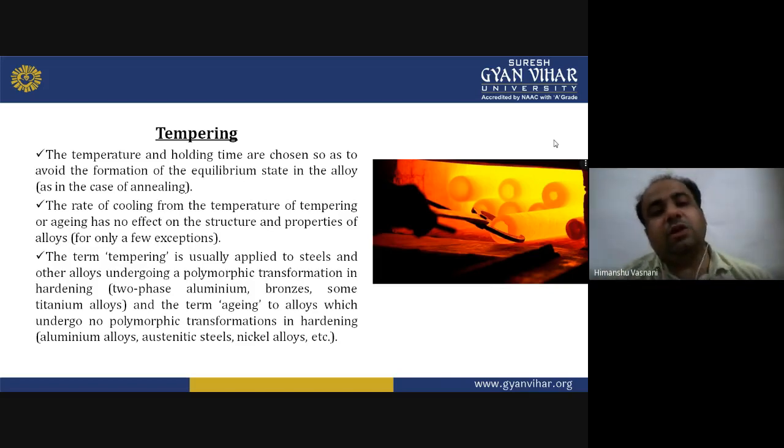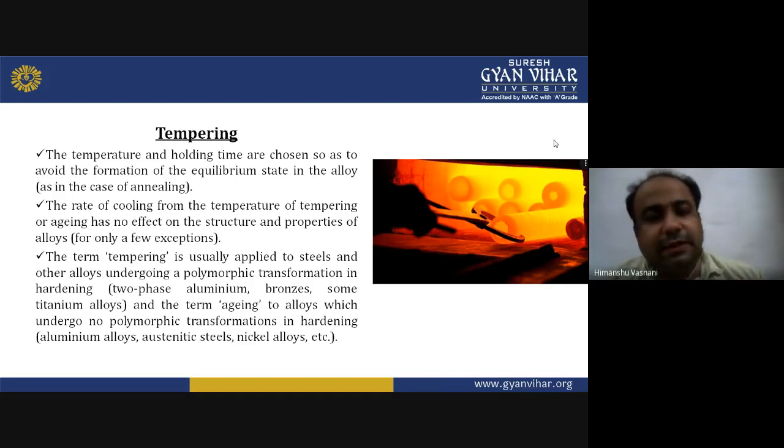After releasing stresses, the rate of cooling from the temperature of tempering or aging has no effect on the structure and properties of the alloy. We heated the workpiece to a particular temperature and held it there; now we are trying to cool it.